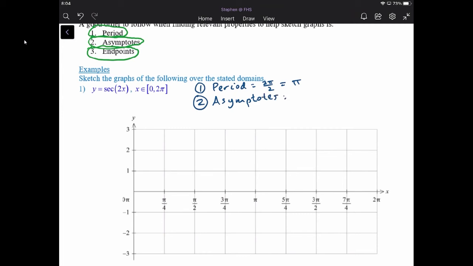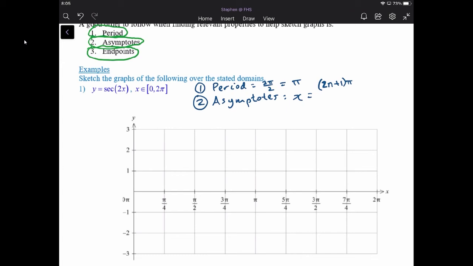Okay, now for the asymptotes on a normal sec graph, the asymptotes are at basically pi on 2, 3 pi on 2, etc. So what ends up happening with sec of 2x is all those asymptotes pretty much halve. If you remember, the asymptotes were at x equals all the odd multiples of pi, divided by 2.